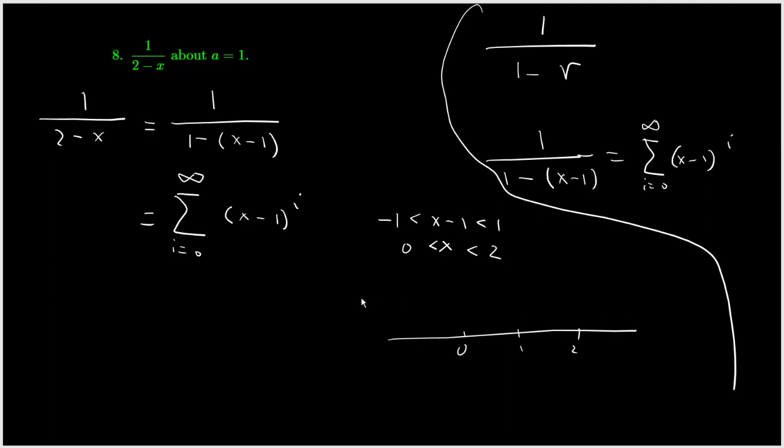And now to contrast, for the same function in question 8, 1 over 2 minus x, if I want you to represent the function as a power series about a value of 0, then the answer is going to be different.